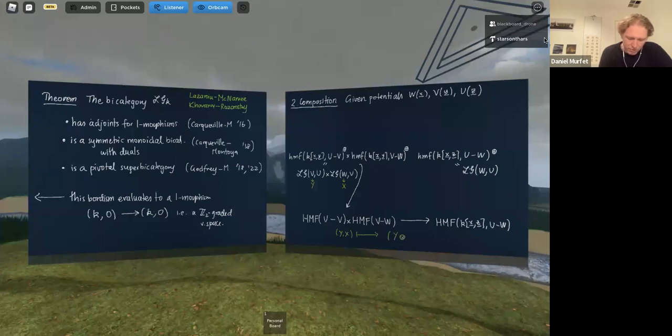Remember, these are modules, right? So Y is a module over this ring and X is a module over that ring, and I can just tensor them over the common variable y. The differential is just the usual differential on a tensor product. You can check that's a matrix factorization of u minus w, so no problem.